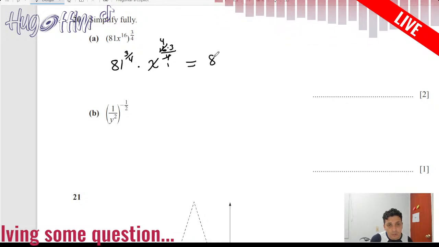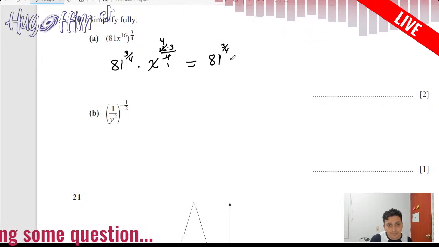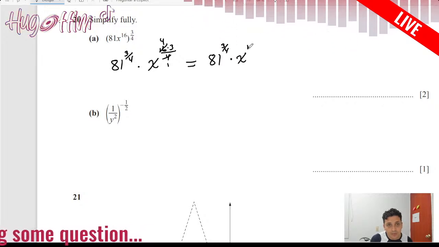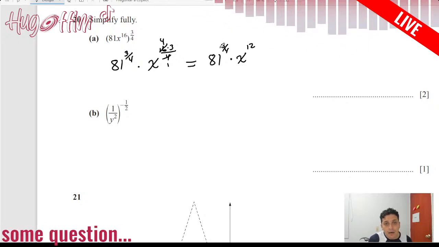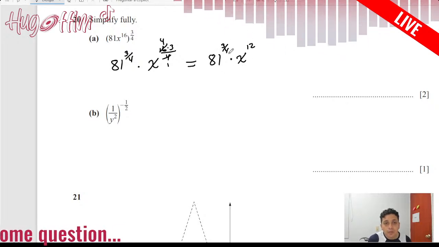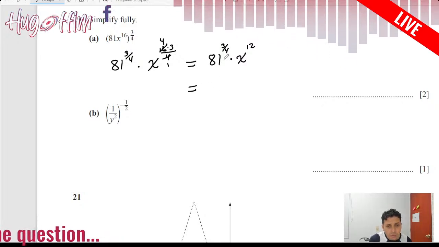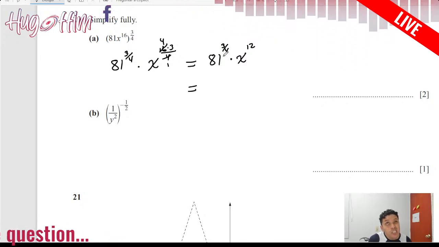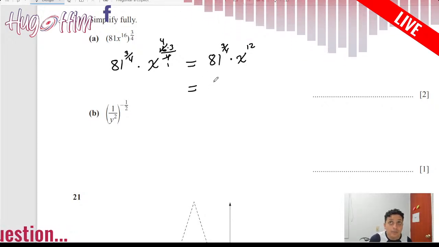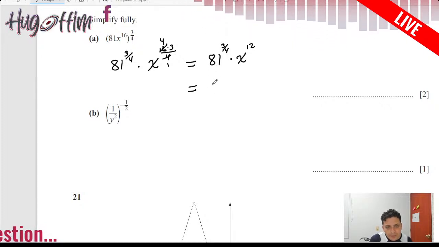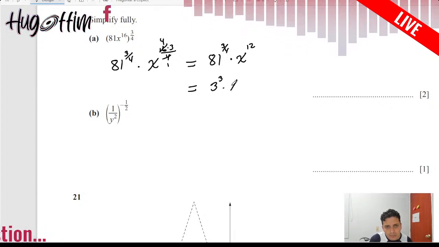So 81 to the 3/4 and x to the 12th power. And the 4th root of 81 is going to be 3. So this is 3 to the 3rd power times x to the 12th power. 3 to the 3rd power is 27. 27x to the 12.